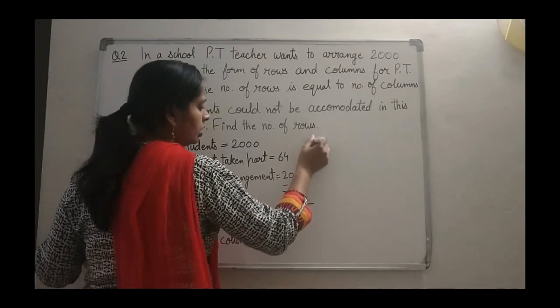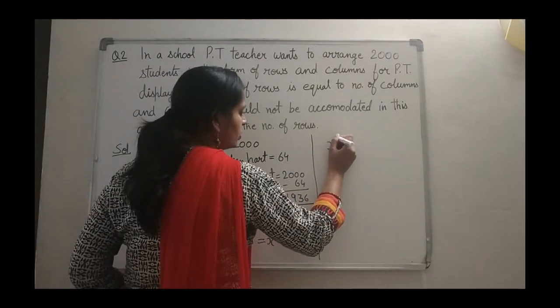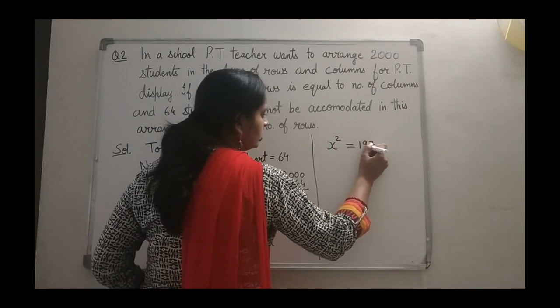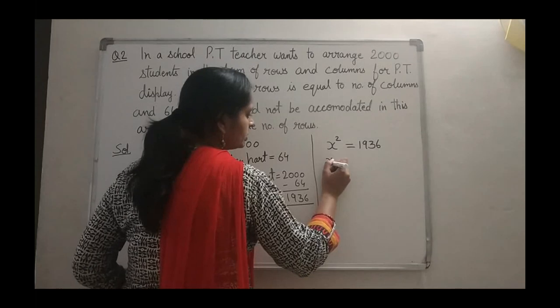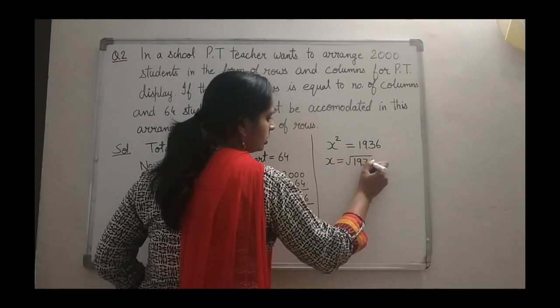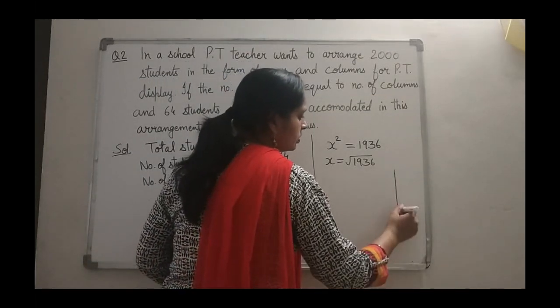So according to this, we have x into x, that is x square, is equal to 1936. So the value of x is how much? So root value of 1936.